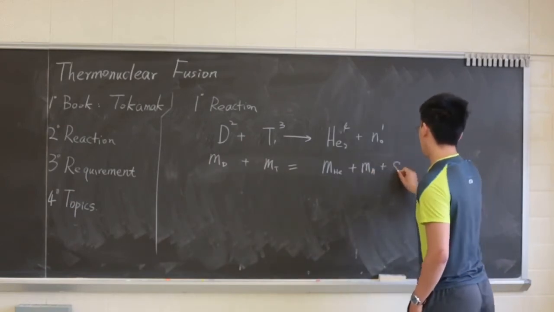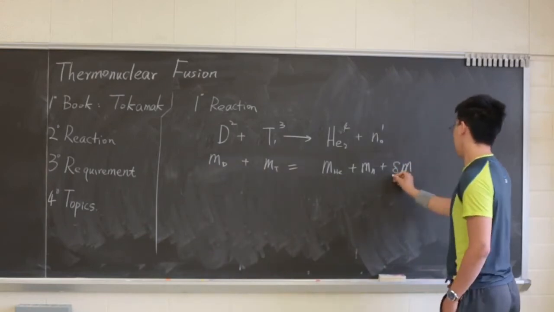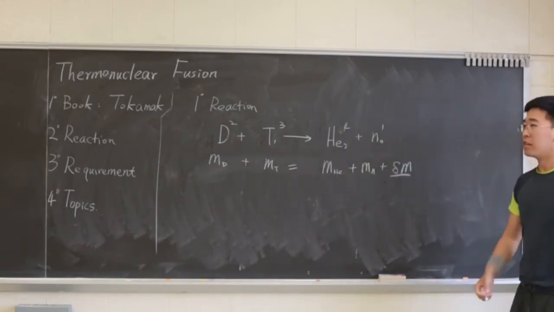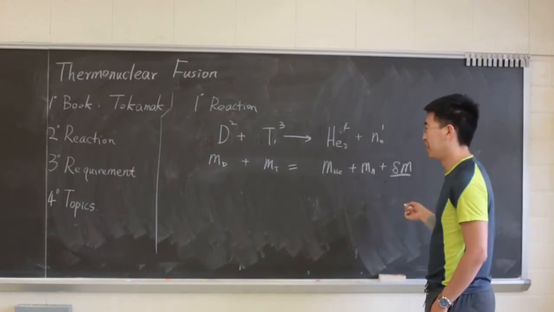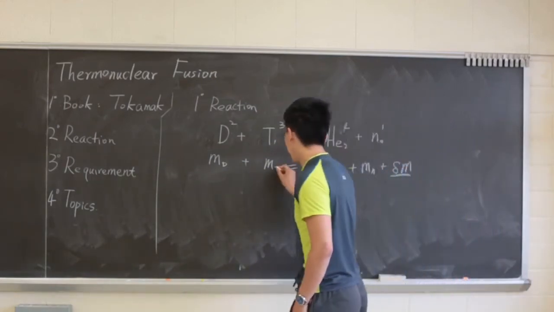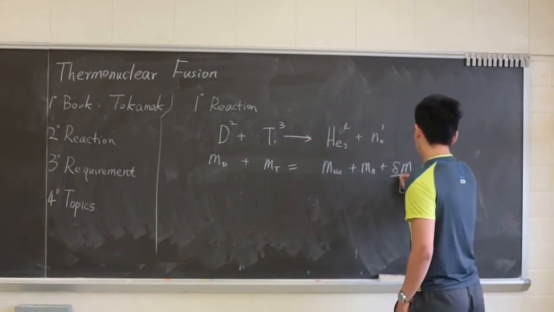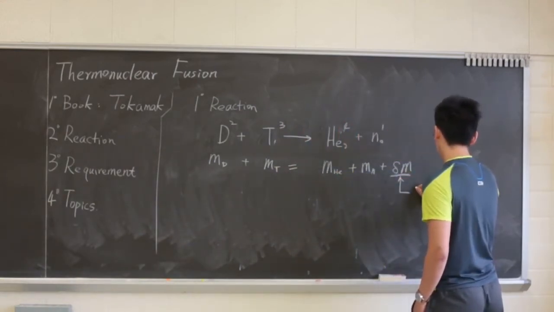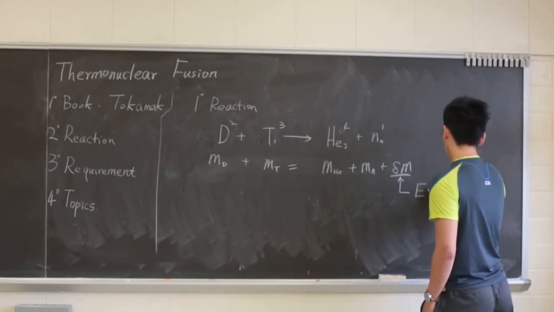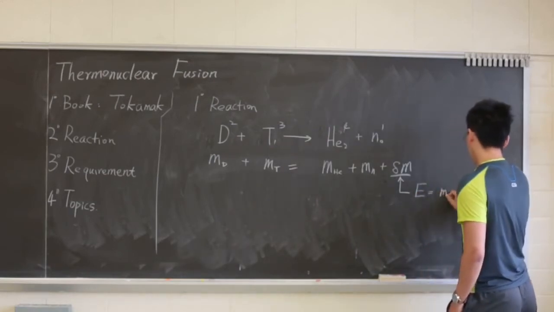Then it has extra mass. Finally, we get to use the thing we've seen all the time but never got a chance to use, the famous Einstein equation, E equals mc squared.